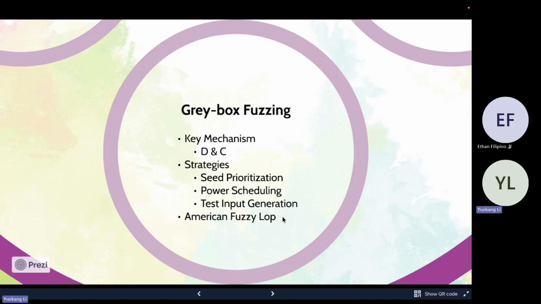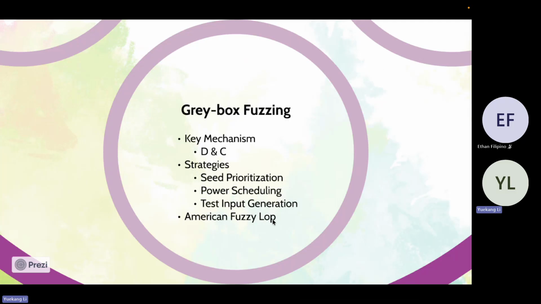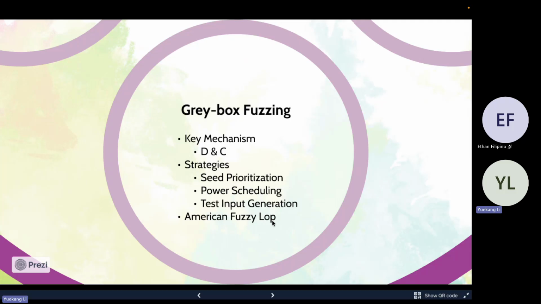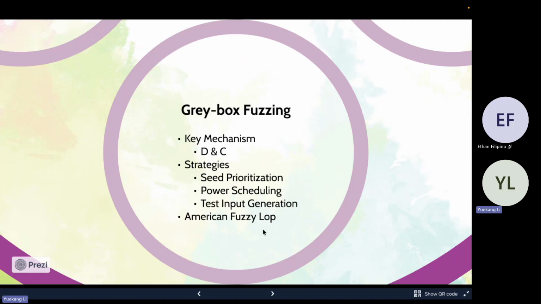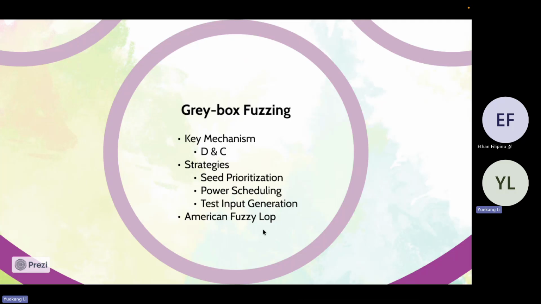Then we learned a very special framework called American Fuzzy Lop, one of the most famous gray box fuzzing frameworks. You are already practicing some key concepts in assignment 3, so you should know how it works in practice.